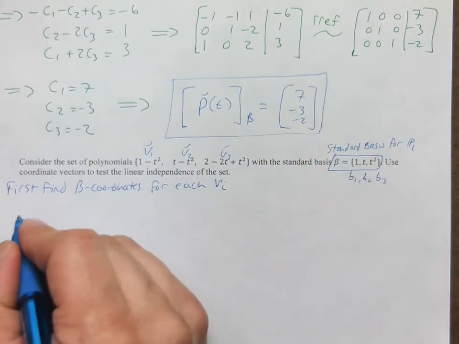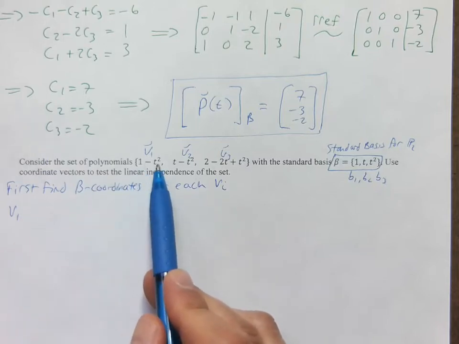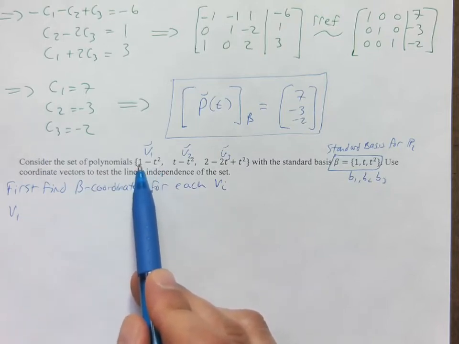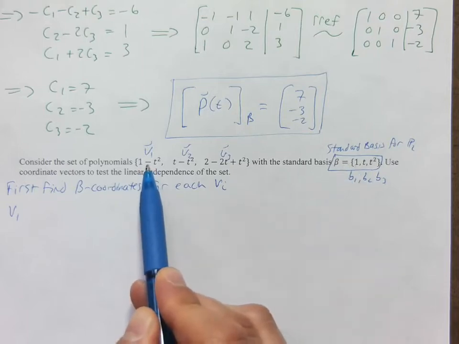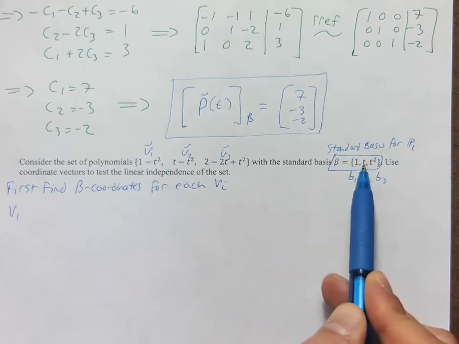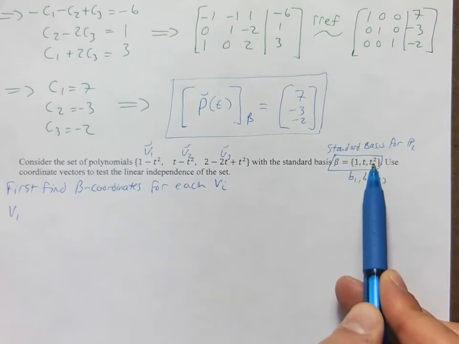It's very easy to see that in our first element v1, which is 1 minus t squared, if you want to get a 1, you just do 1 times that element. When you want to get no t's, because there's no t's in that, you do 0 times the second one. And when you want to get a t squared, you do minus 1 times the third one.